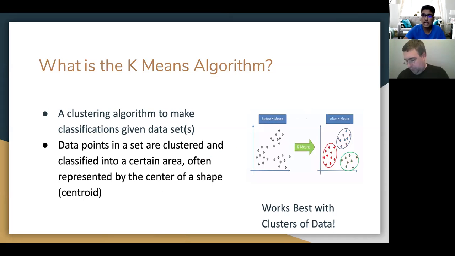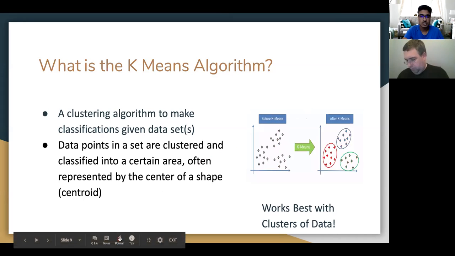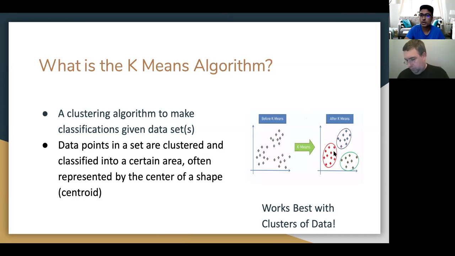As you can see, before we implement the algorithm, we have a lot of data points just out on the freeway, essentially on an X and Y grid. After we implement the algorithm, we see that all of the data points are correctly clustered depending on whatever color they were. Towards the right here, we can see that blue is in one area, yellow, orange, red, they're all in their respective area and towards the nearest data point.